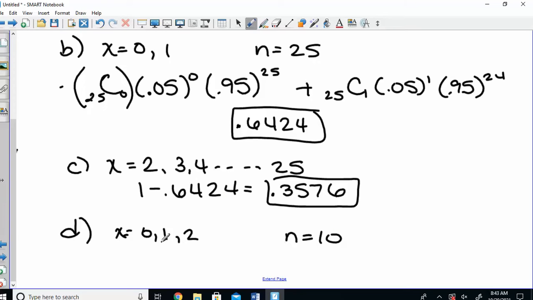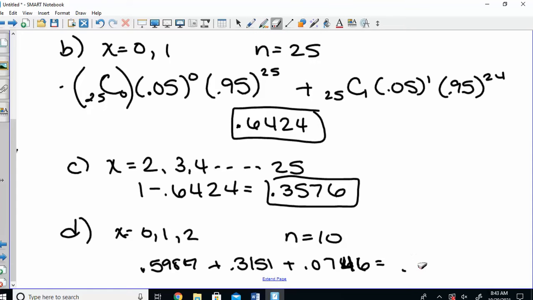Then I went back to when my N is 10, so could we just add this up on our table? Yes. You could use the same one we were just looking at and just add up your numbers for 0, 1, and 2. This would be a scenario where you could use the cumulative table. If you get confused on when to use the cumulative table, then my advice is just never use it, because there is no reason that you would have to.